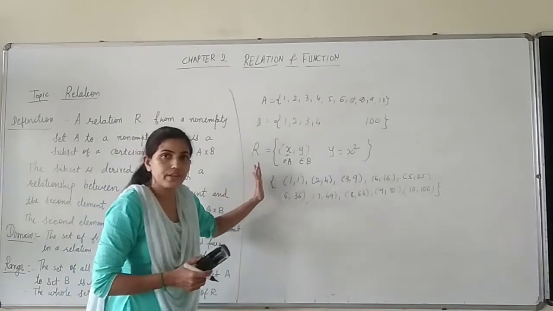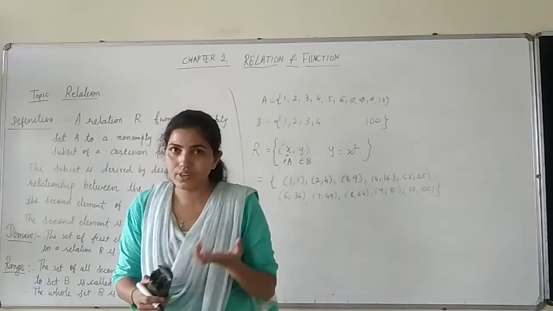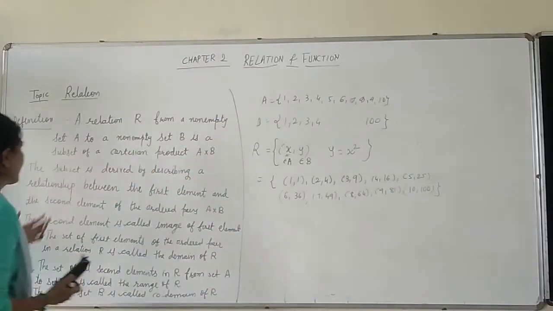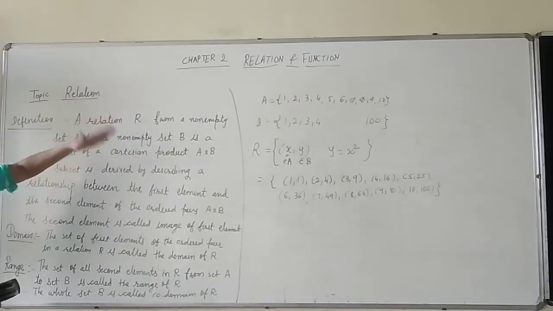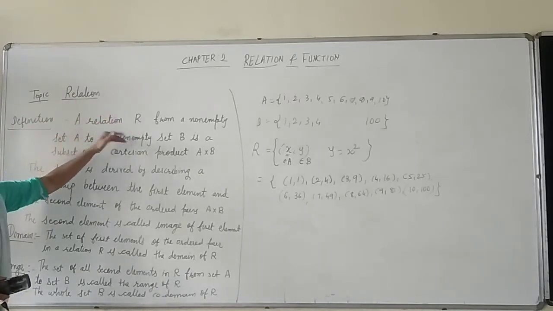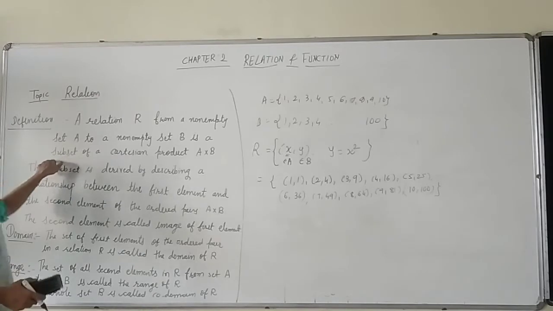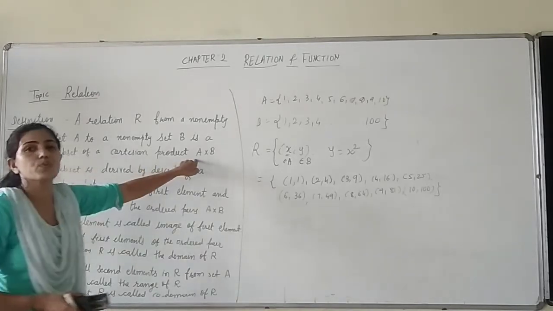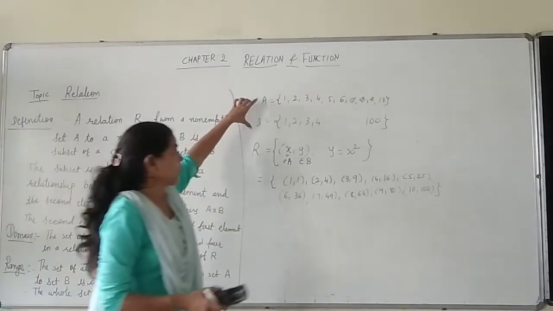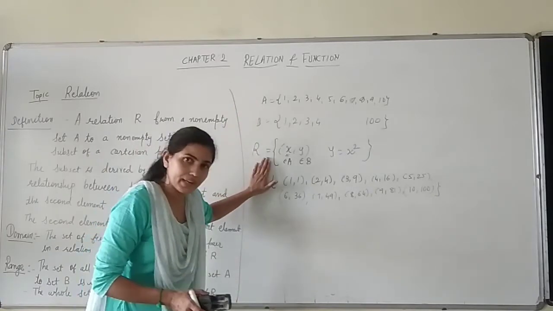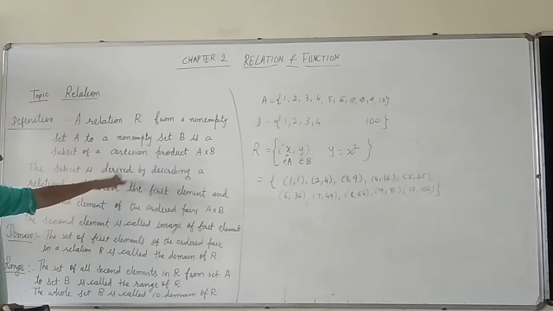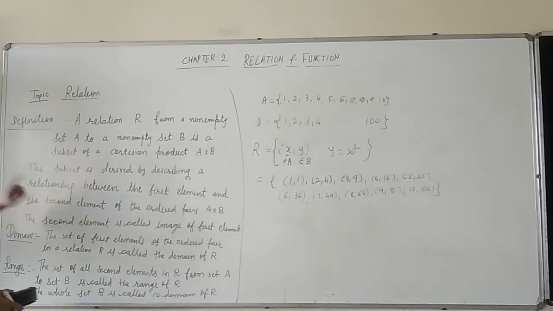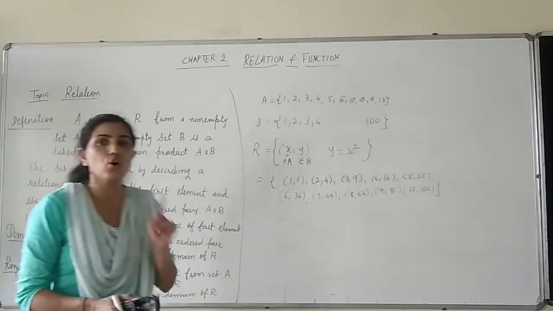So what is the relation? Now we can write the definition. How is the definition? A relation R from the non-empty set A to the non-empty set B is a subset of the Cartesian product A cross B. So you get a subset of A cross B. This subset is derived by describing a relationship between the first element and the second element of the ordered pair.